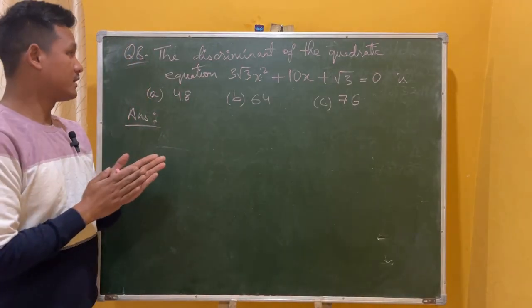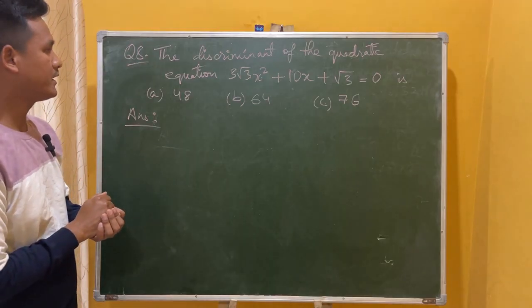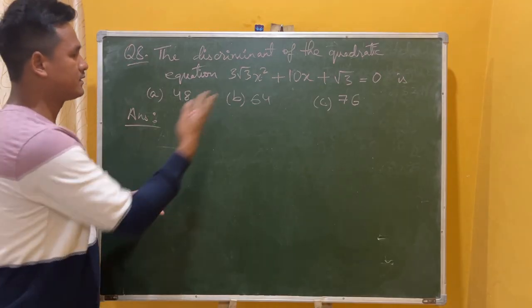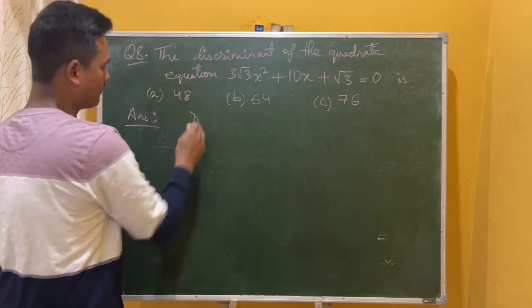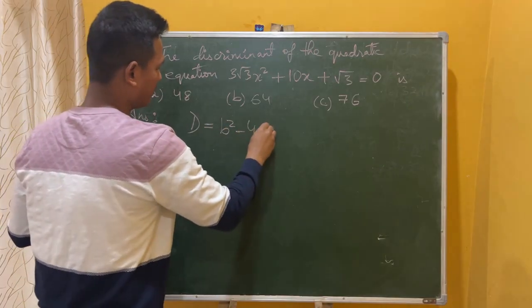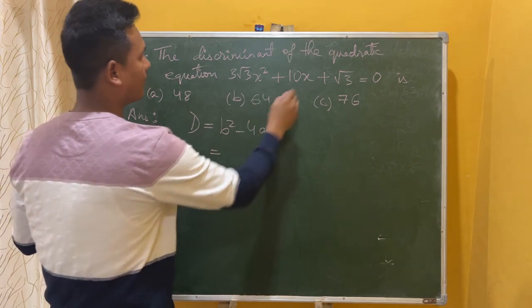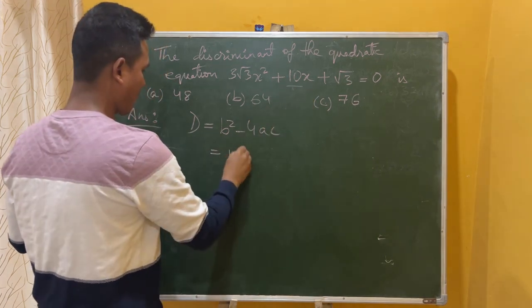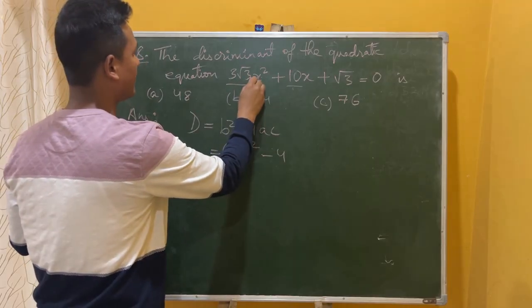All right, this is our question number 7. Question number 8, the discriminant of the quadratic equation, this is how much? So formula for finding the discriminant is b square minus 4ac. What is b? B is this 10. How much is a? This is our a.